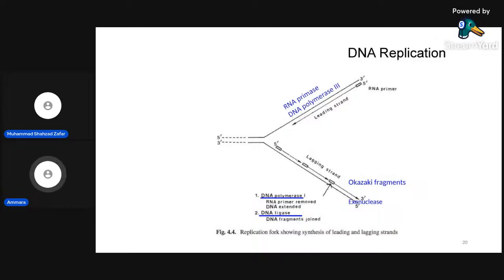So what will happen when we are going to copy it? An enzyme will cut the hydrogen bonds between the two strands and unbind them.